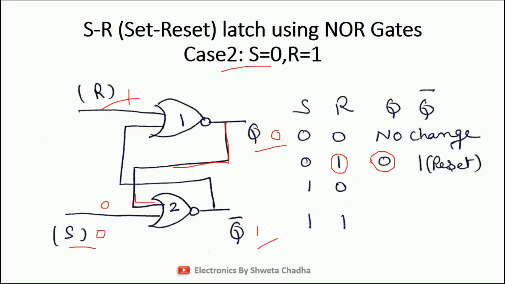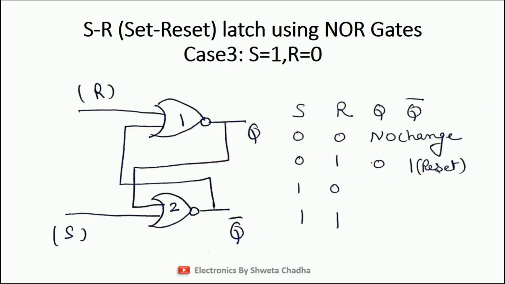Reset means low. The third case is S equal to 1 and R equal to 0. Now students, we are unable to simplify gate number 1 because the condition requires a minimum of one input equal to 1. We can simplify gate number 2 for sure, because a minimum of one input is equal to 1. This condition is true, so the output will be equal to 0.